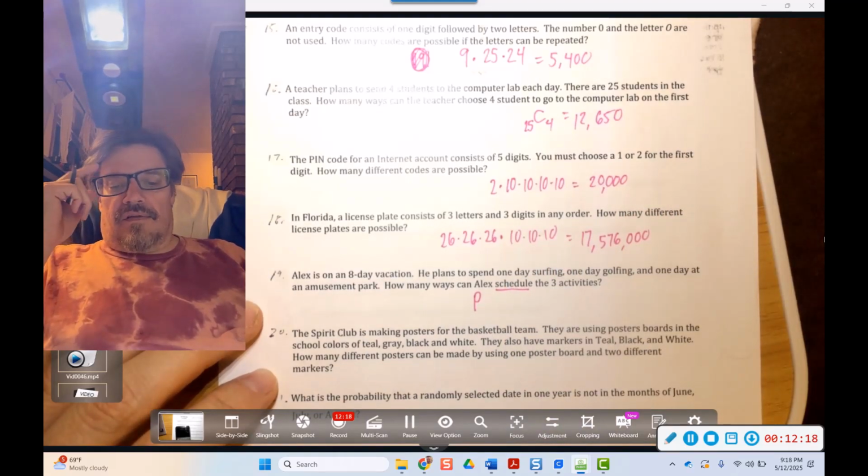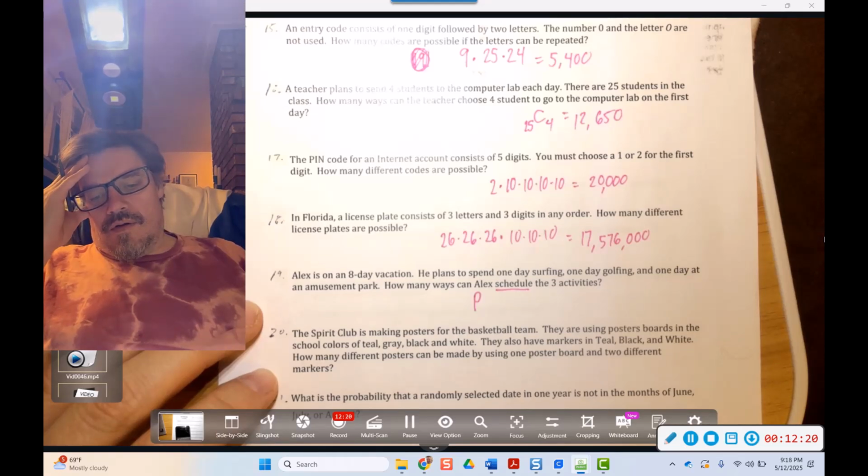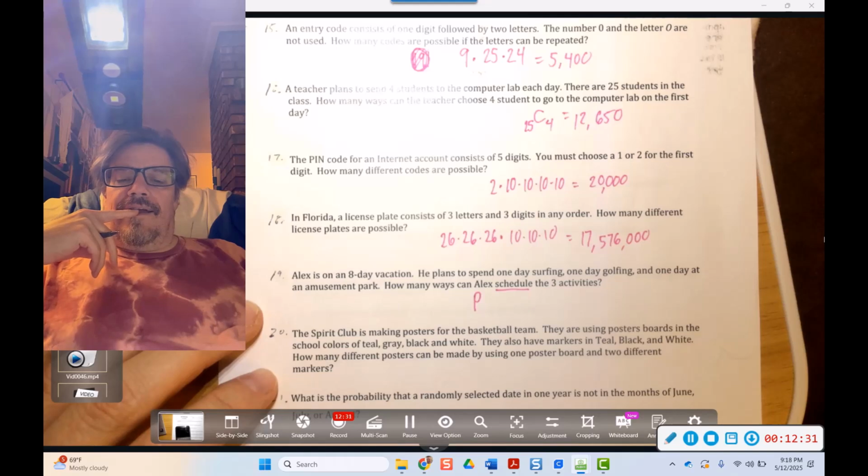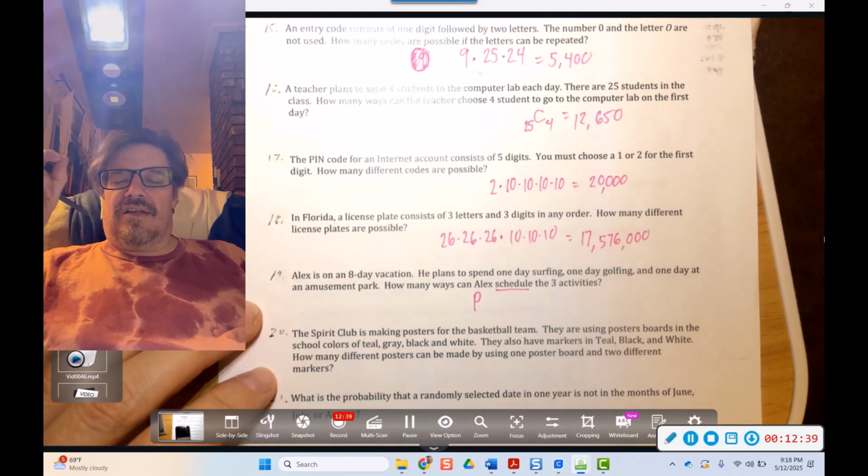Now let's think about this for a second. Alex schedules the 3 activities. Order counts. 8-day vacation. Okay, is it a permutation? I just want to make sure it's a permutation in my brain.